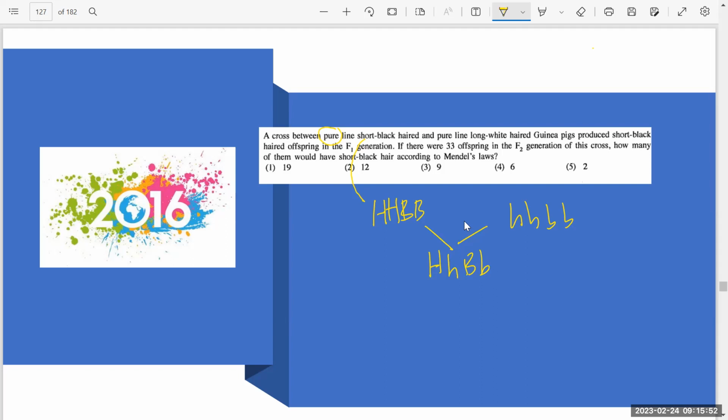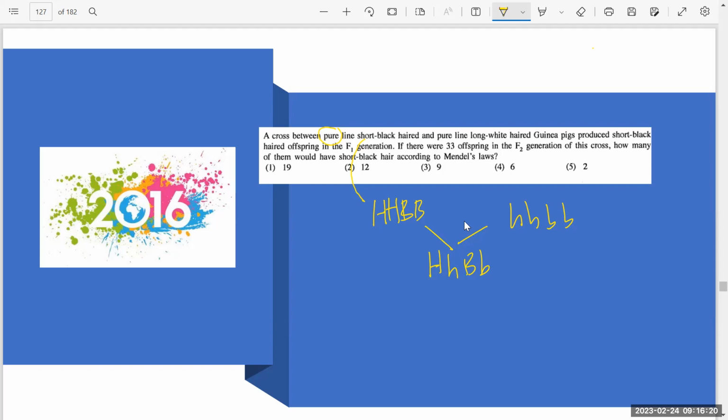This is very similar to a Mendel genetics dihybrid cross. Now, as I told you, the first approach is whether this is Mendel genetics or non-Mendel genetics. Step number one: is it Mendel genetic or non-Mendel genetic?